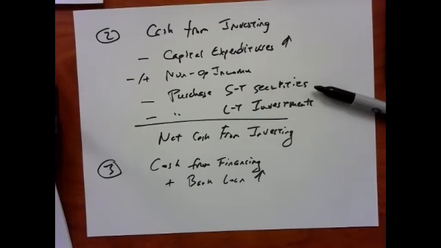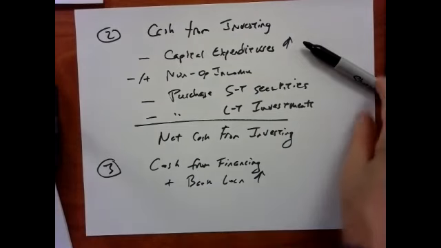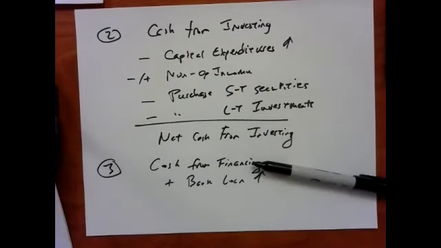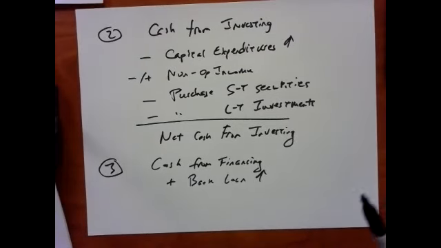A better example is buying the truck. I buy the truck, that drives my cash down. I get financing from the bank on this part of the statement, that drives my cash back up again. Okay? So increases in bank loans increase the cash from financing and increase the organization's overall cash levels.